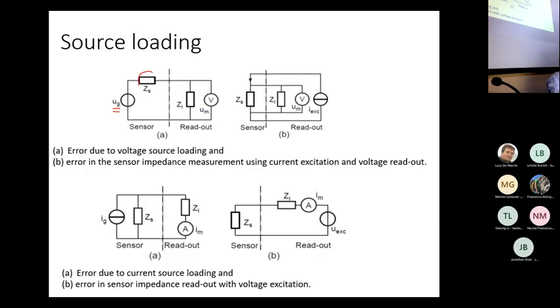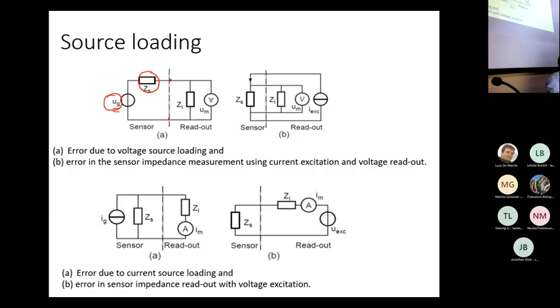So the source will be characterized by a given source impedance. Then if we want to measure this quantity, what we can do is to apply a voltmeter here.